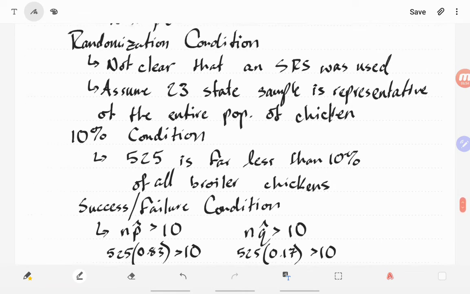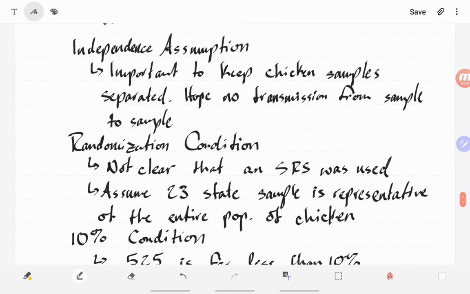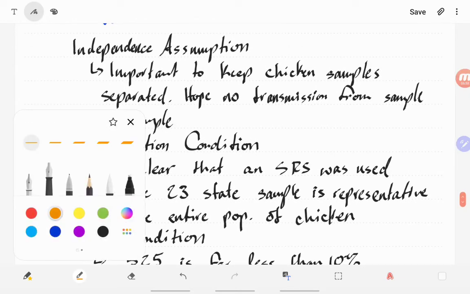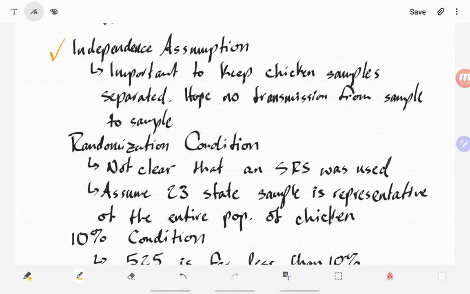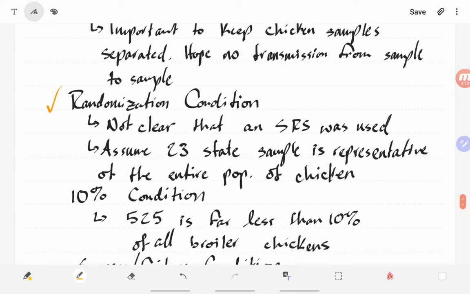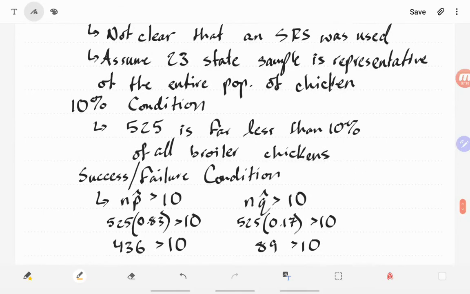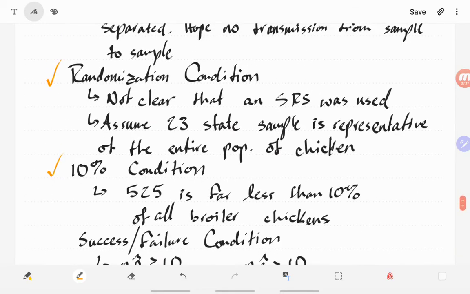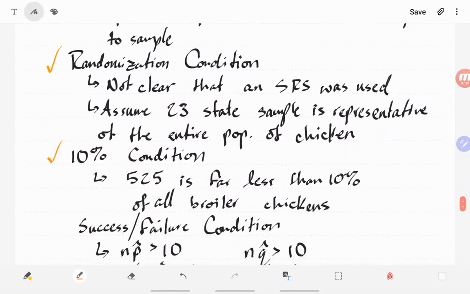So looking back through this, our independence assumption is a go. We are assuming independence. Our randomization condition, we are assuming that, yes, everything is randomized, so therefore it is representative. The 10% condition, 525, yes, that is less than 10% of our population, so that double checks our independence assumption.